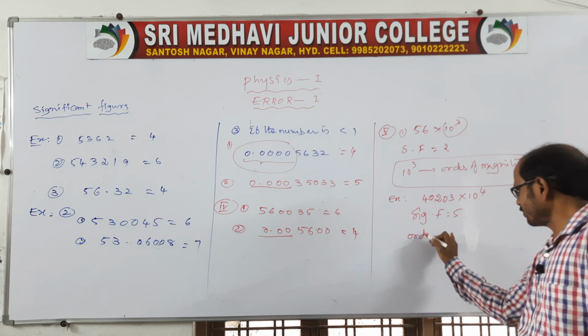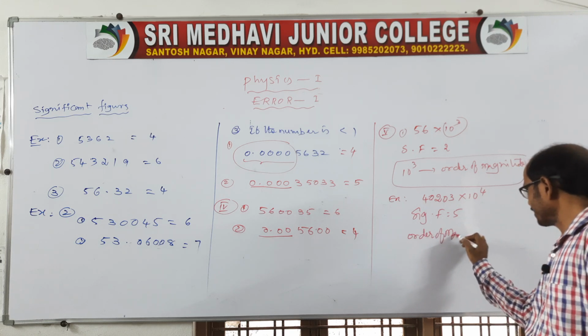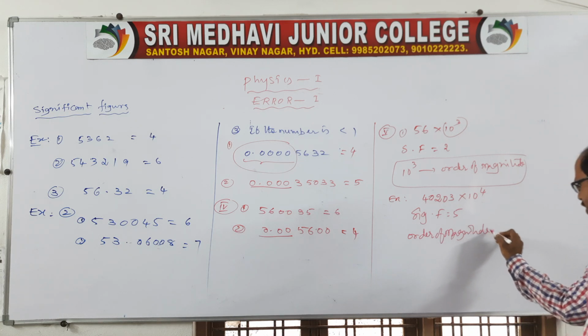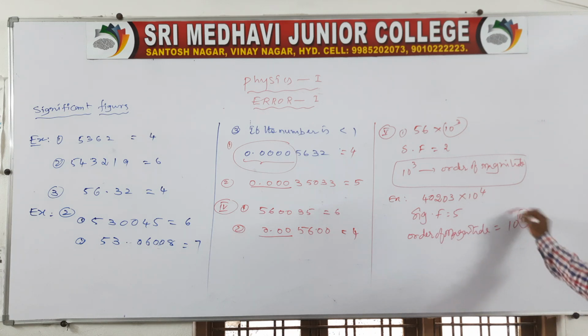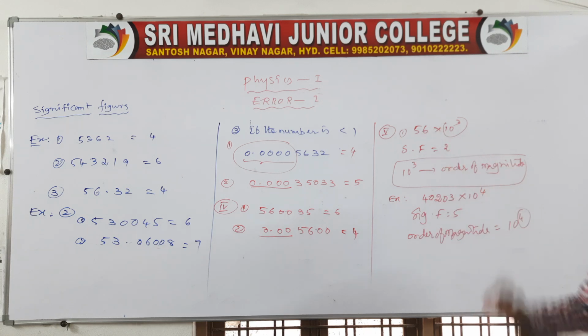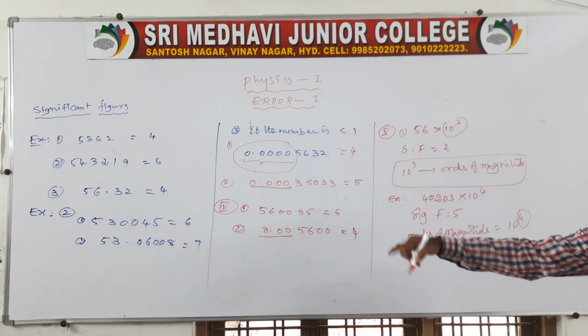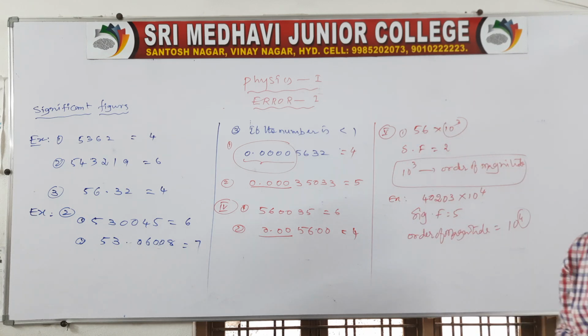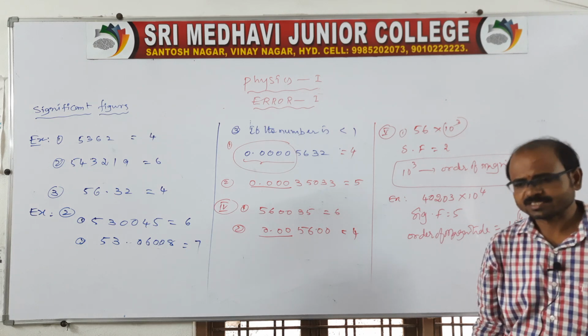So what is the order of magnitude? The order of magnitude here is 10 power 4, or you say 4 also, no problem. These are the rules; there are 5 rules to obtain the significant figures. Is it okay?